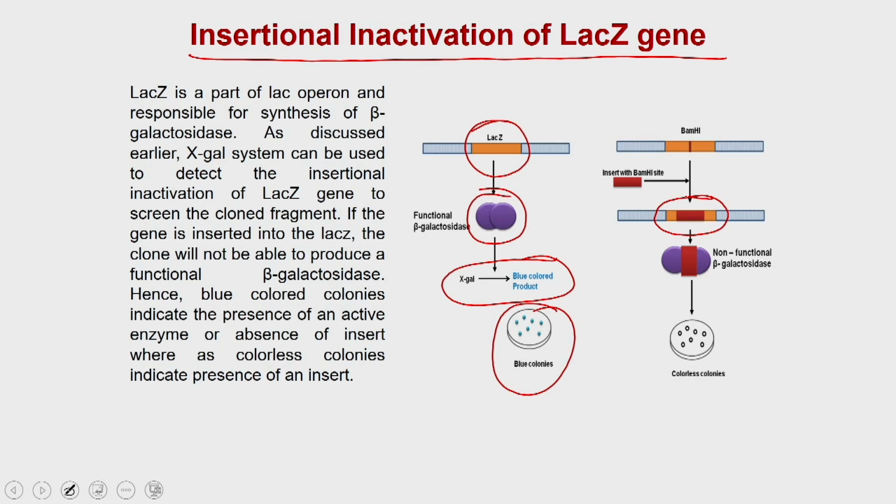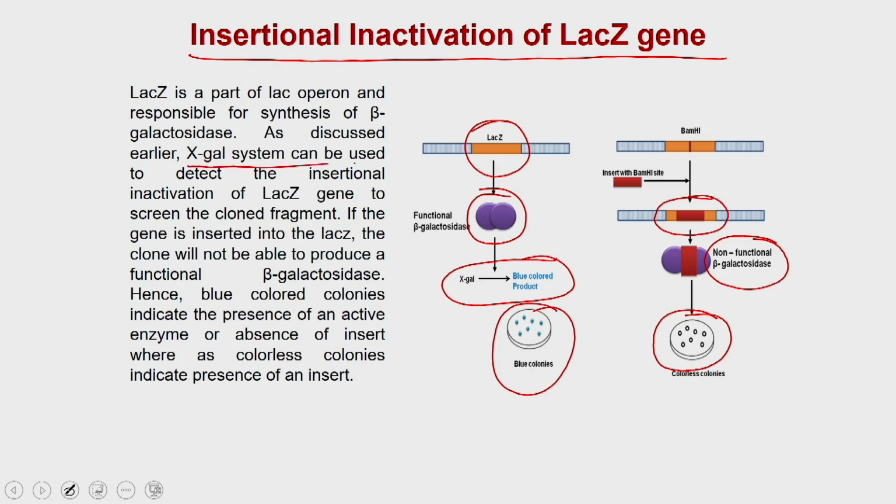As a result you are not going to produce a functional beta-galactosidase, so it is not going to process the X-gal to give you blue colored colonies. What you are going to get are colorless colonies, and these colorless colonies indicate the recombination, the delivery of recombinant DNA into the host.